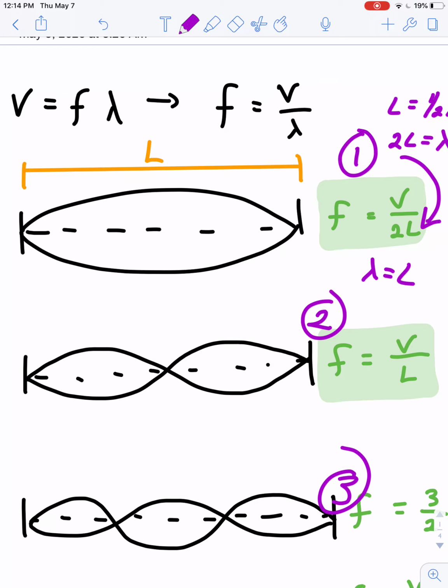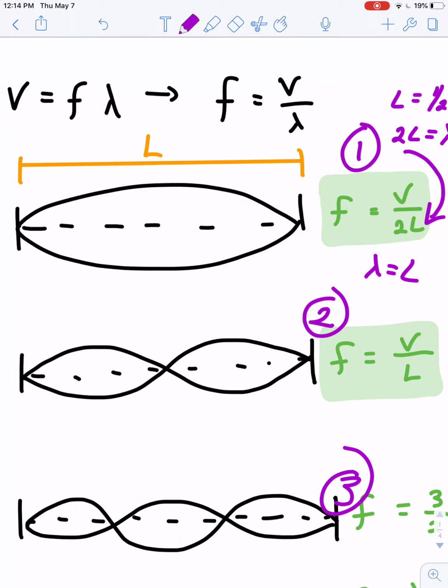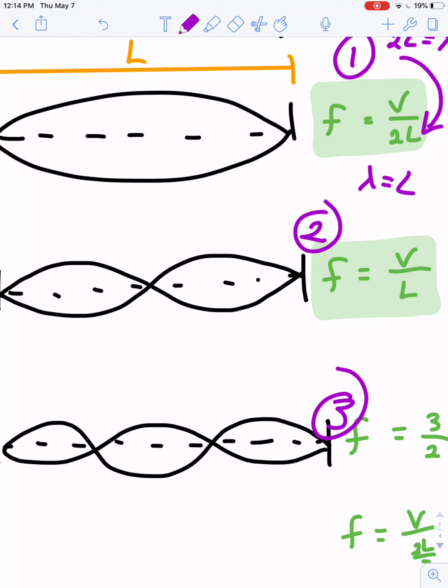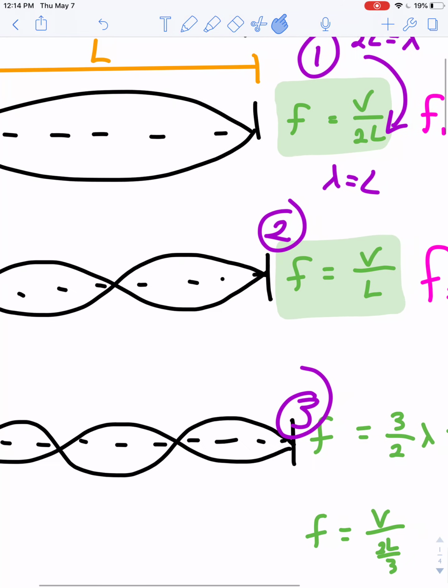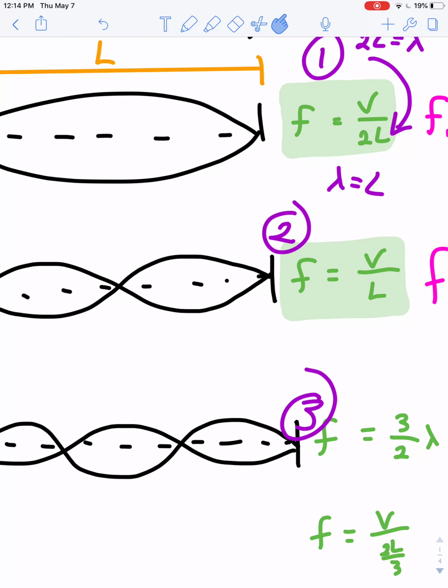After that, our third one is a little bit trickier. Our third one, which I wrote out in green previously, is 3/2 wavelengths.